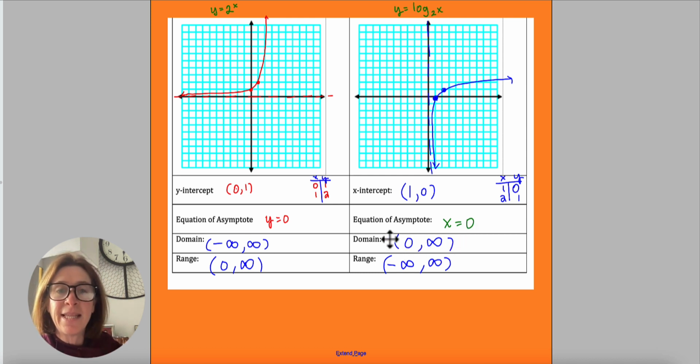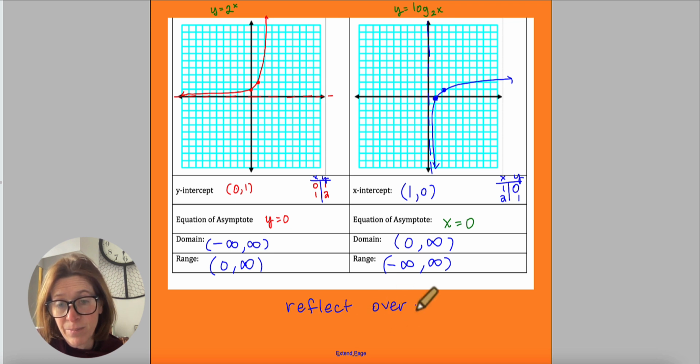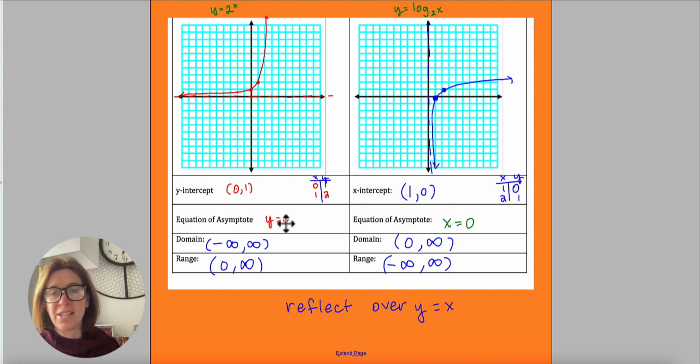All right, so you can see that these two, again, inverse functions, that means they're going to reflect over the line y equals x. And you can see that they really do that nicely. You're going to need to recognize why the equation of an asymptote switches, why the domain and the range switch on this graph. And we are going to be translating the graph.